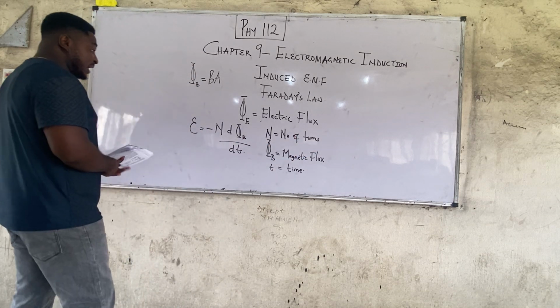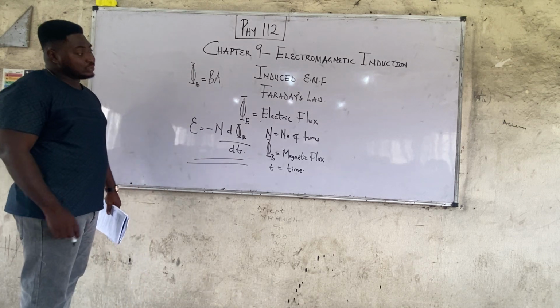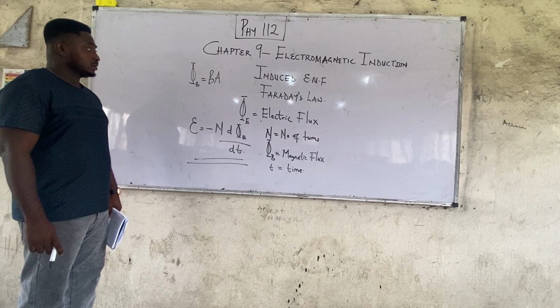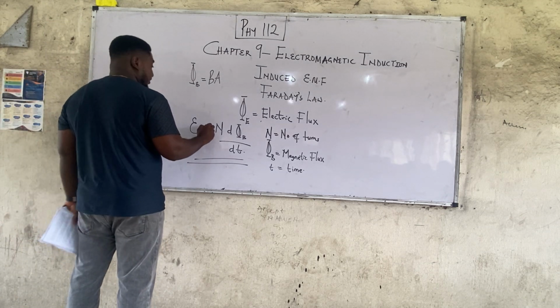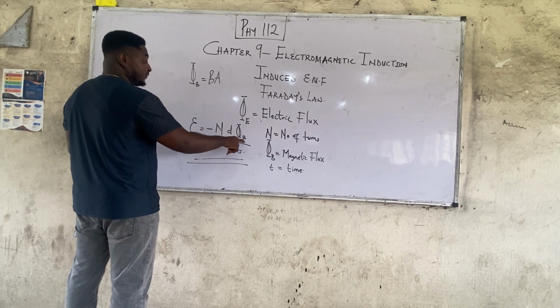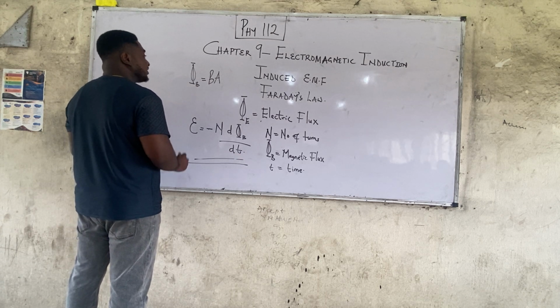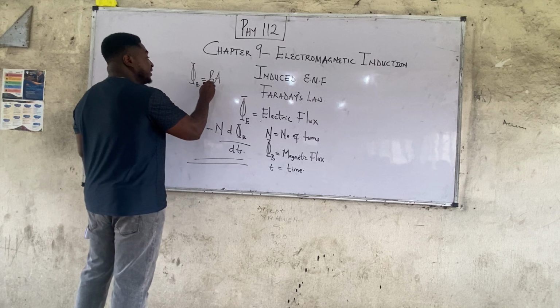So class, with this formula, you could be asked to find the magnitude of induced EMF in a coil. The magnitude of an induced EMF is minus N, where N is the number of turns, times the change in magnetic flux, all over the change in time. Class, the formula for magnetic flux on its own is magnetic field B times area.